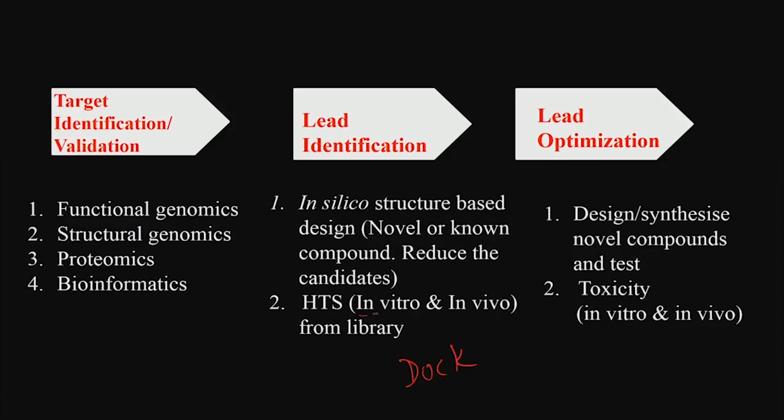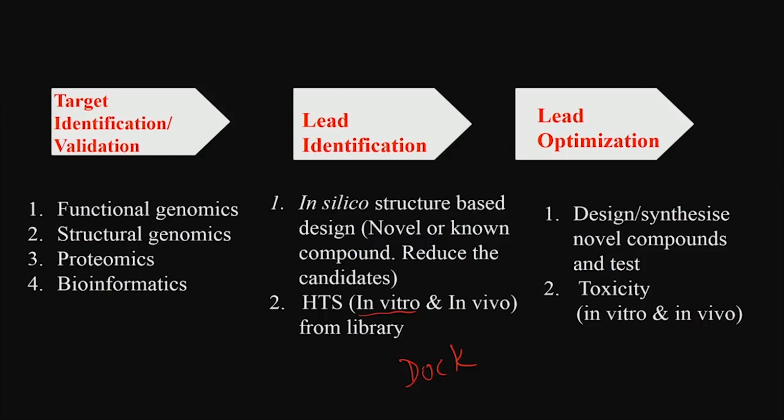We can also do an in vitro approach. I take thousands of compounds and test them on that particular protein and see which compound or compounds have very high inhibitory activity against that protein, that is called the in vitro approach, okay.